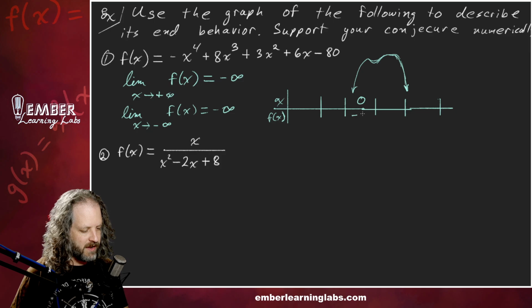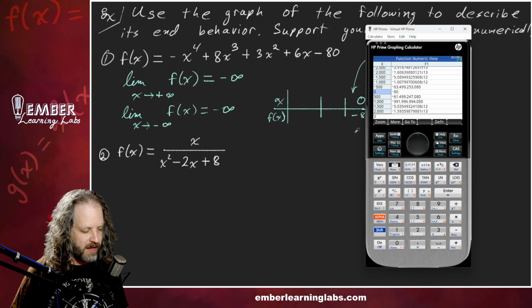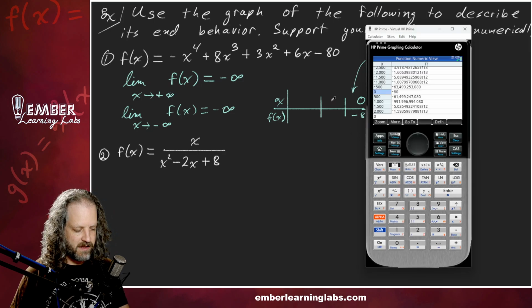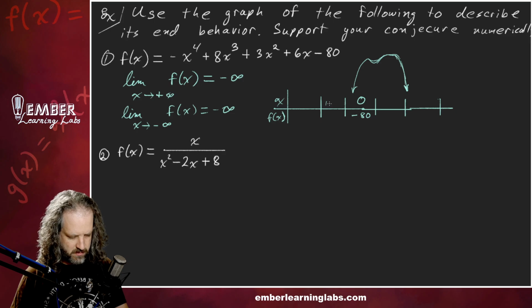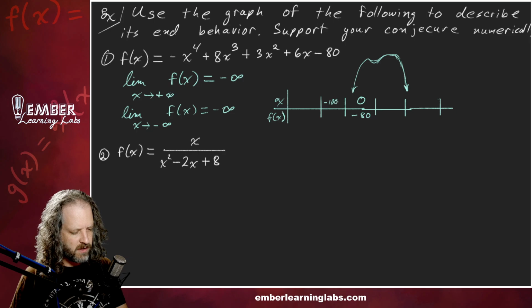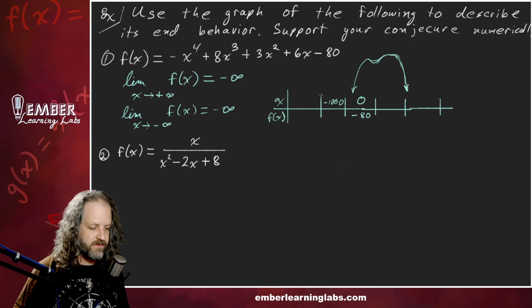So in the middle, it is at negative 80. And then I'm going to put in 1,000 and then like 2,000. So as we go to negative 1,000, you could even go bigger and go to like 10,000 if you wanted to.